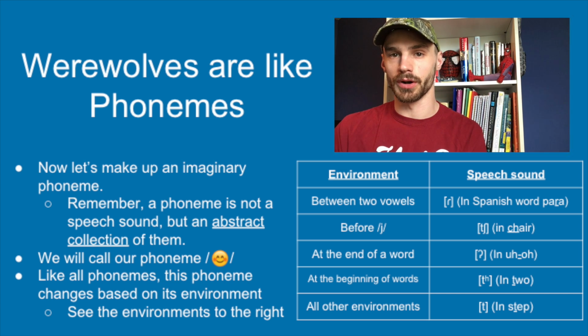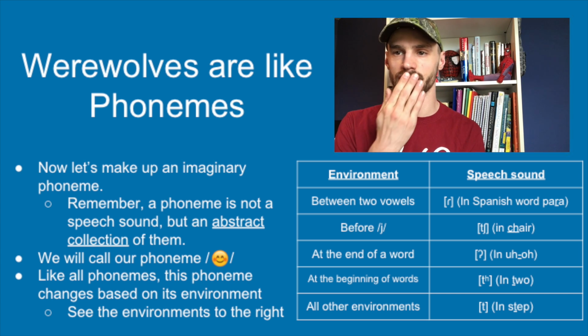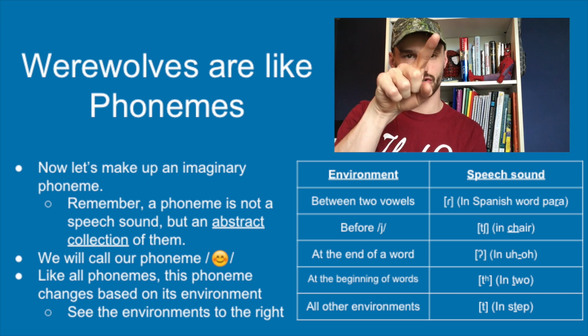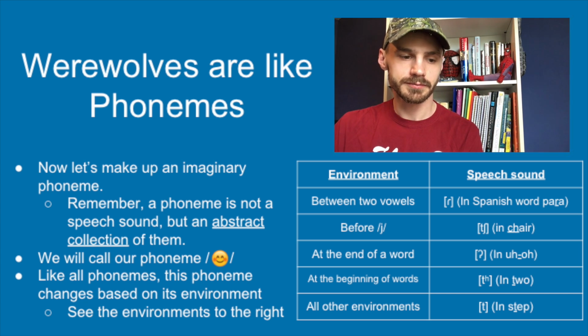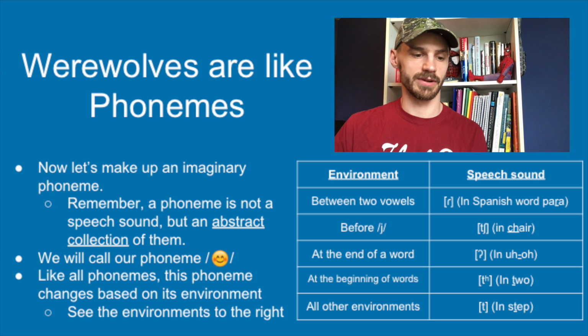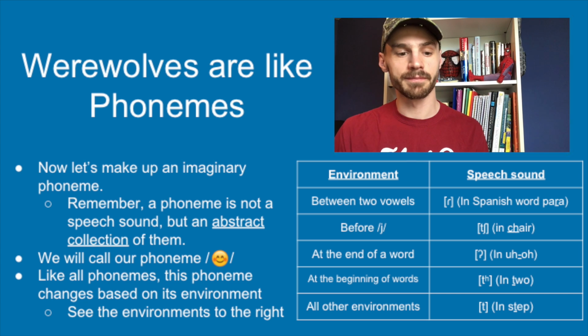At the beginning of a word, this is going to turn into an aspirated t sound. And aspiration means you have a little puff of air coming out, and that's why this IPA symbol is drawn with a little H over it. Then in all other environments, or in other words, elsewhere, this sound is going to be pronounced as a D, just like in the word step.